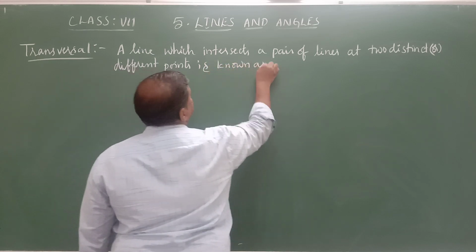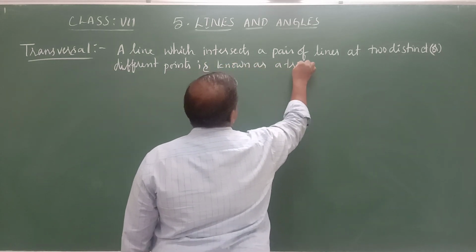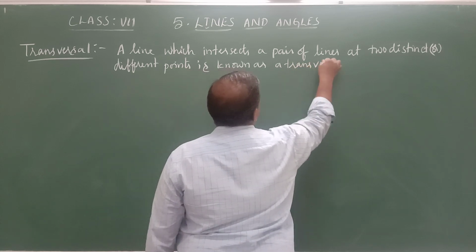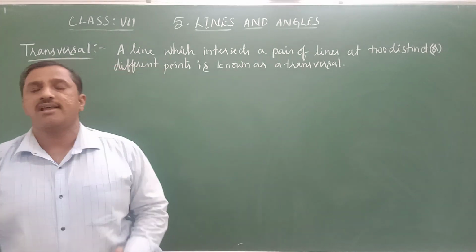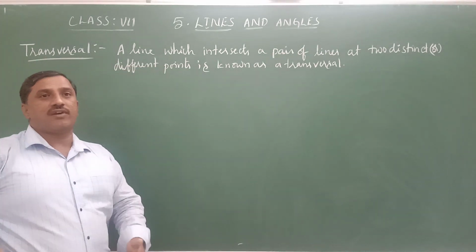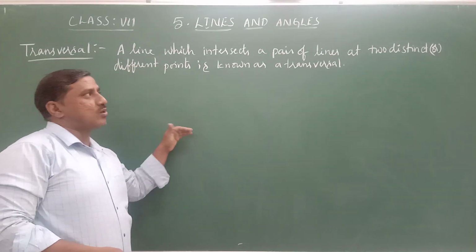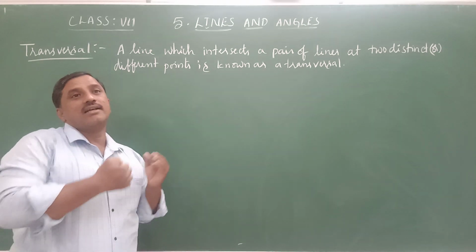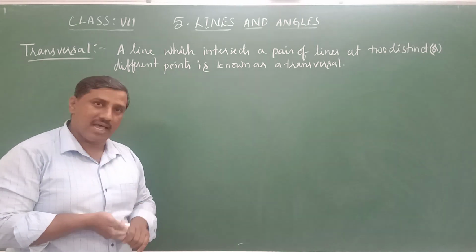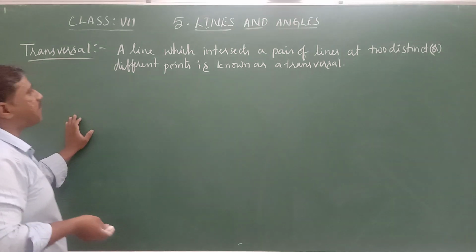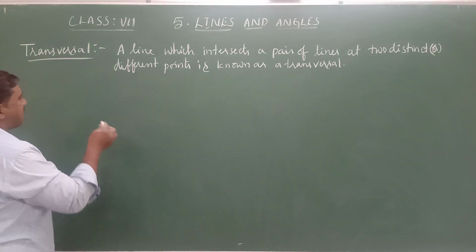So, what is a transversal? It is a line which intersects a pair of lines. We are restricted to class 7, so only a pair of lines. The transversal may intersect more than two lines, but here a pair of lines, at two different points.